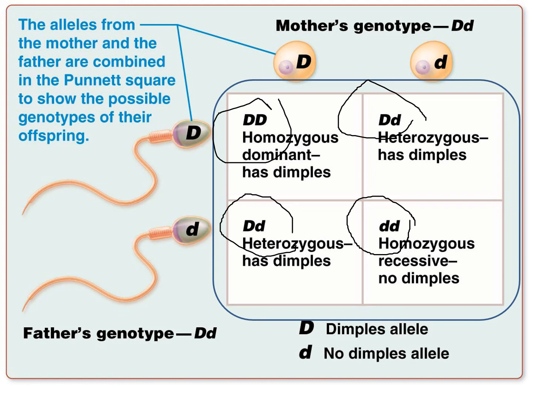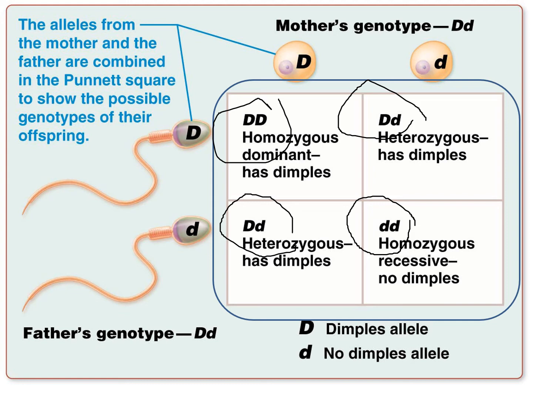Now we can see the different permutations of the different children they can have. They can have a homozygous dominant child, big D, big D, homozygous dominant meaning that they have both the same alleles. They can have twice as many chances of having a child, big D, little d.